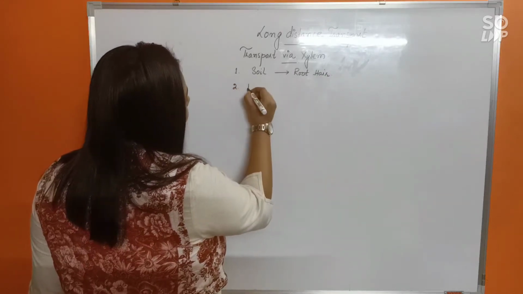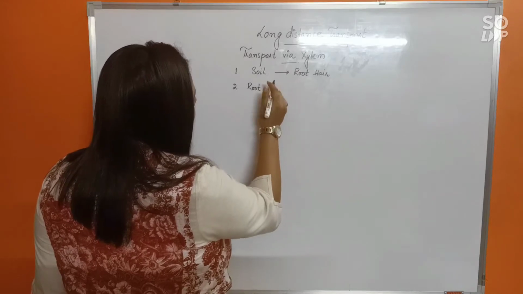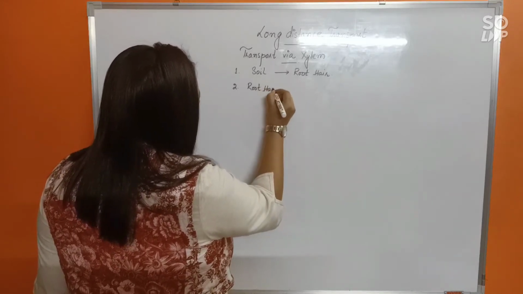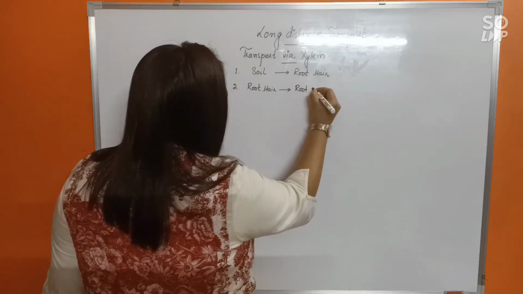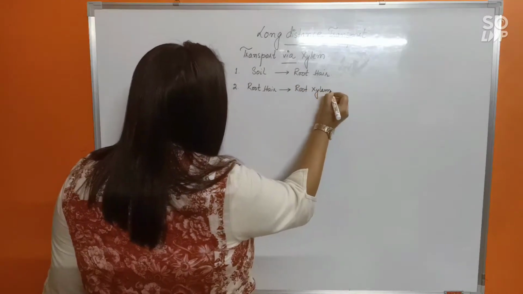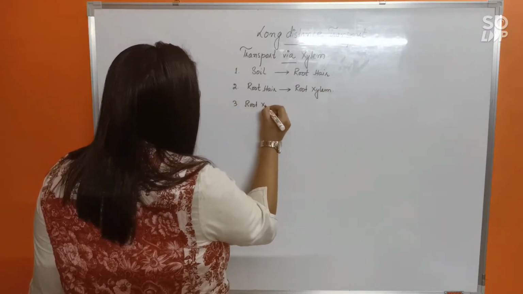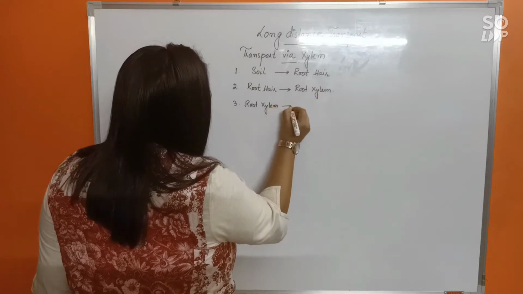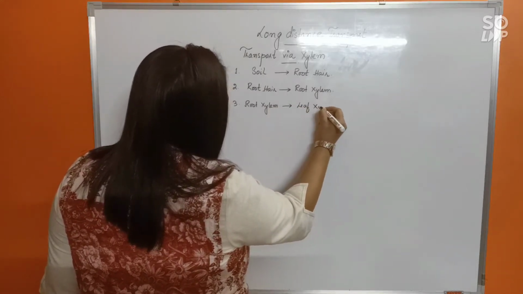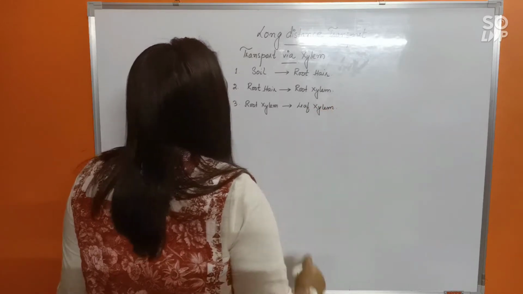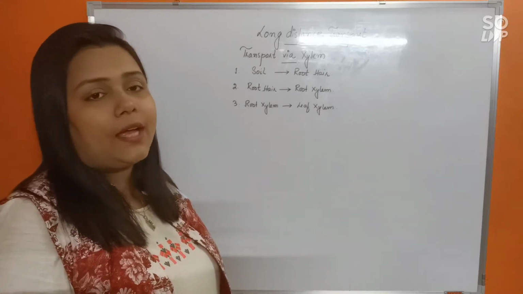Next, how water from the root hair moves up till the root xylem. And then how from root xylem water is transported up to leaf xylem. So these are the three phases in which water moves via xylem.